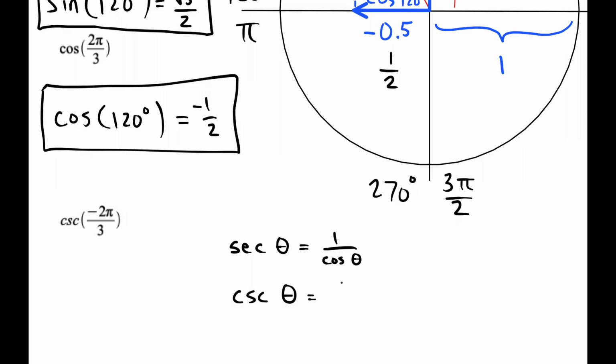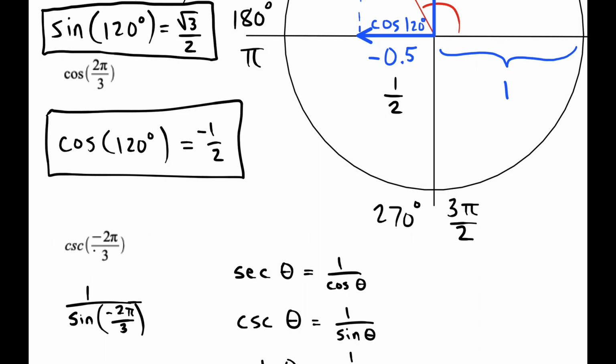Cosecant theta is defined as 1 over sine of theta. And there's also a cotangent of theta, which is 1 over tan theta. So the cosecant of negative 2 pi over 3 could be rewritten as 1 over the sine of negative 2 pi over 3.